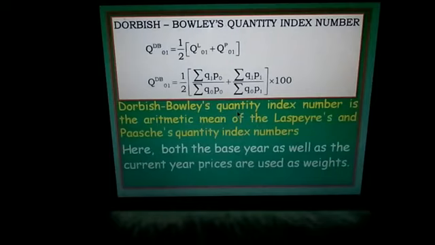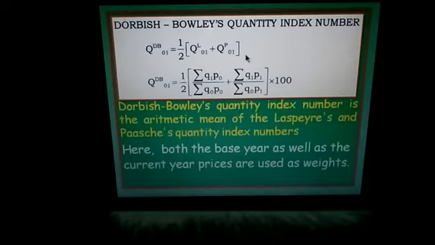It may be a 1 mark question: what is the relationship between Dorbish-Bowley's, Laspeyres' and Paasche's quantity index numbers? At that time the answer is that Dorbish-Bowley's quantity index number is the arithmetic mean, because it is only two aspects added and divided by 2.